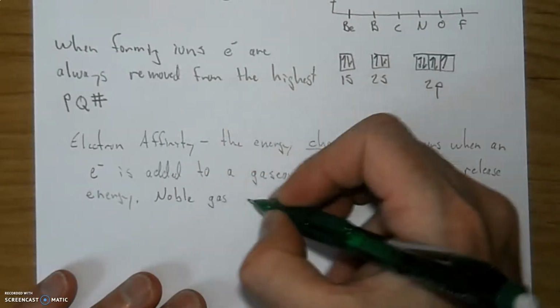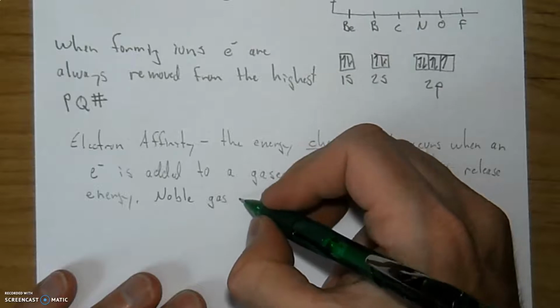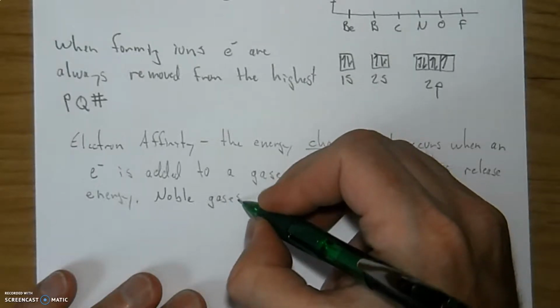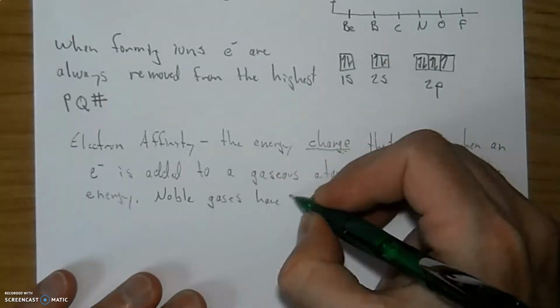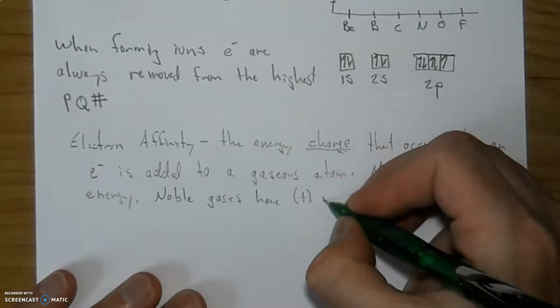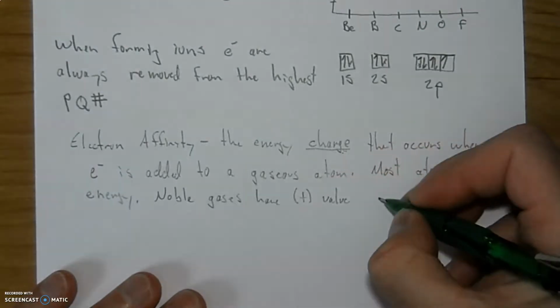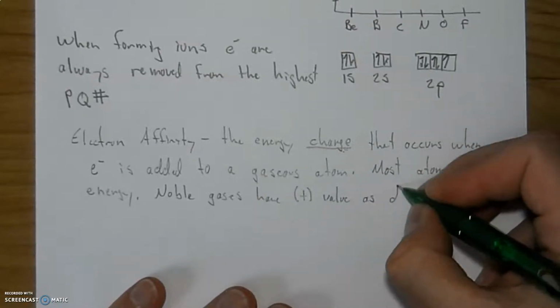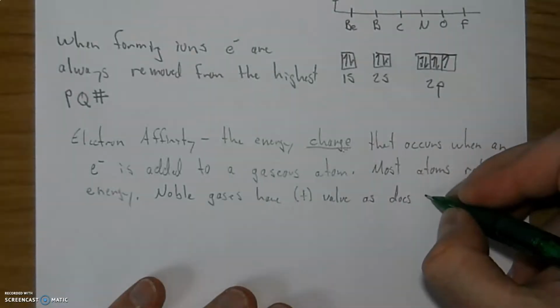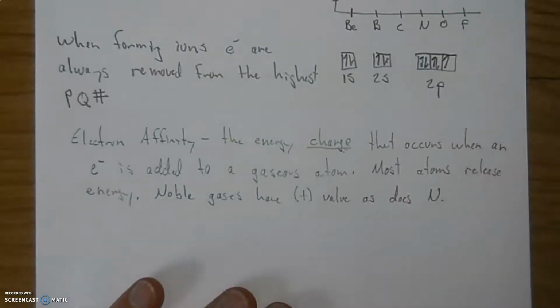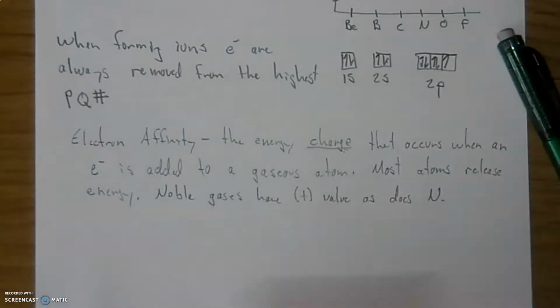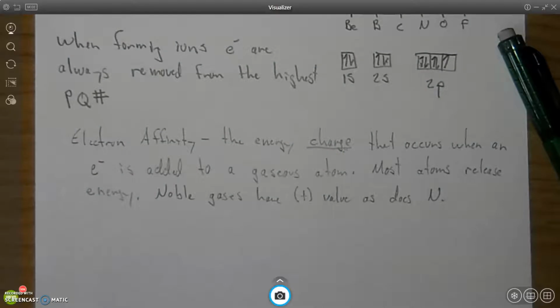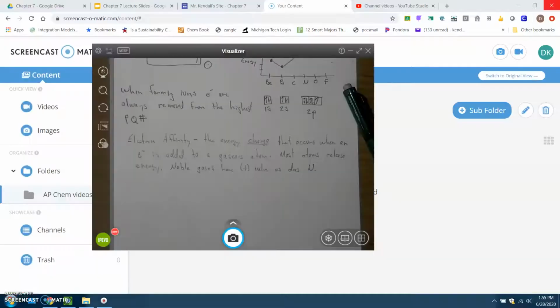But some noble gases have a positive value. In other words, they don't take them easily, as do other elements, just like nitrogen. So let's take a look at another chart and see if we can grab this.